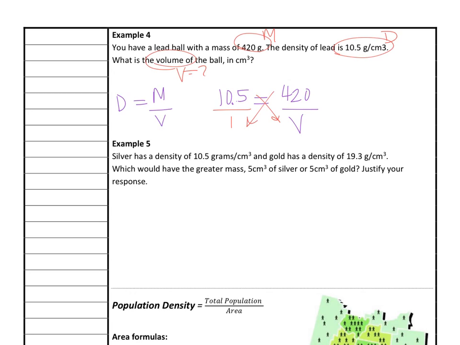Cross multiplying gives me 420 equals 10.5 V. Again, V stands for volume. If you don't like to put the V there, put an X in there. But it helps me to remember I'm looking for the volume if I keep the V. So now I'm just solving for V. I got to get it by itself, so I'm dividing. And when we divide 420 by 10.5, we get V equals 40.